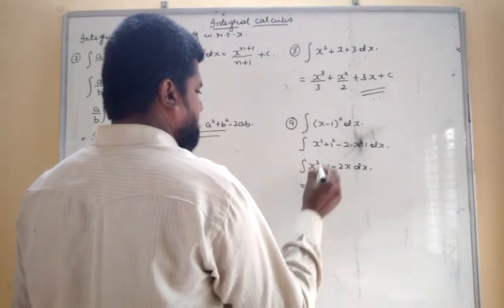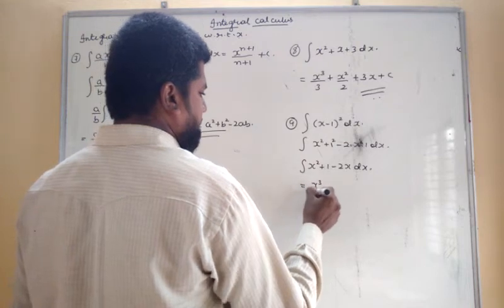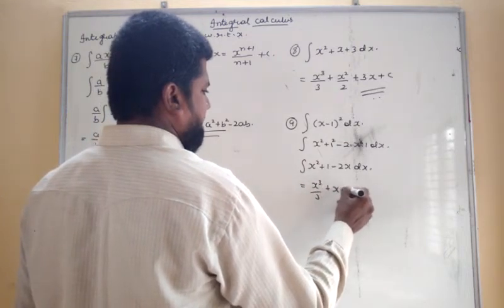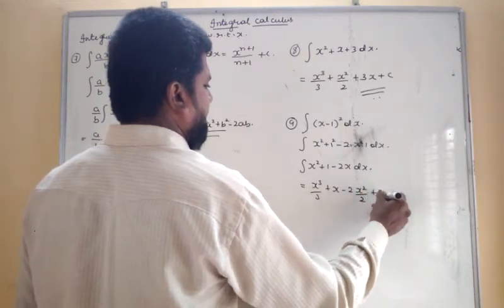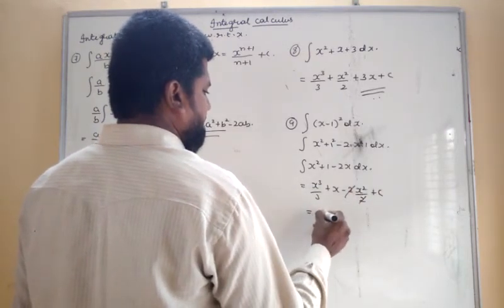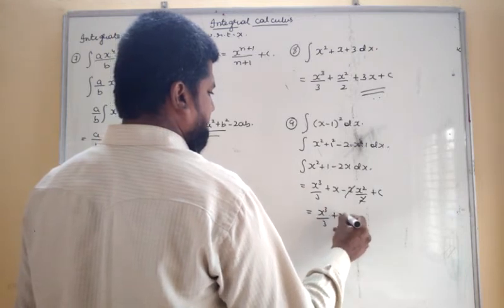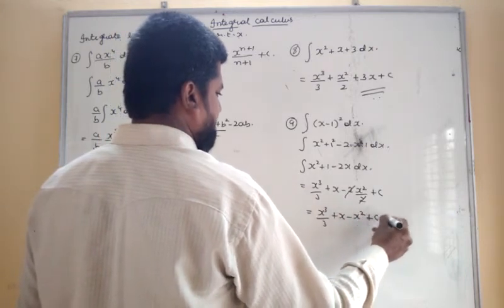Now let us integrate. x square integration is x cube by 3, 1 integration is x, 2 is a constant, x integration is x square by 2 plus c, then the 2 gets cancelled, then x cube by 3 plus x minus x square plus c.